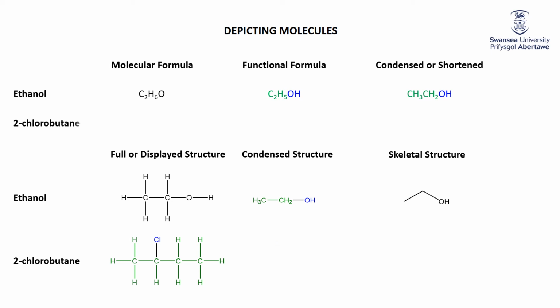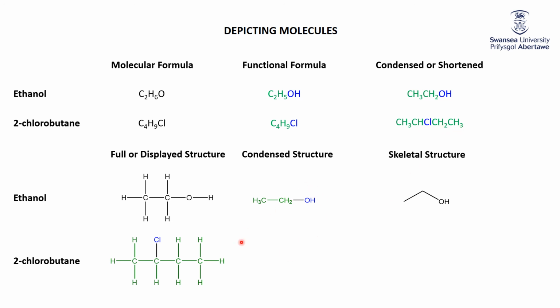Now I could just give you the molecular formula. Again, absolutely wonderful for calculating molecular mass. In this case, the functional formula looks exactly the same. Okay, and so you'll have that sometimes where the functional group is just one atom, like in this case, the chlorine there. And of course, if I wanted to put the condensed or shortened formula out, then I'd have CH3, CH with a Cl on it, CH2, CH3. Okay.